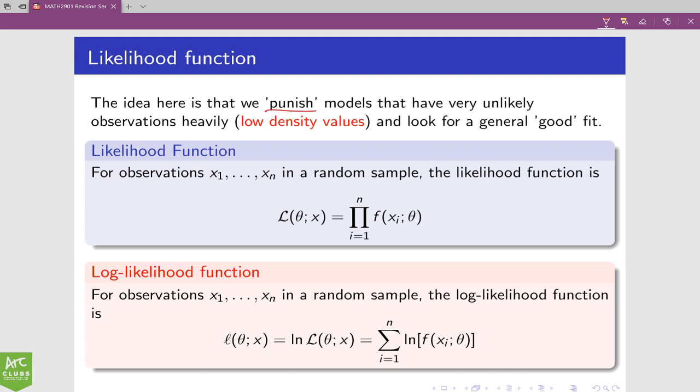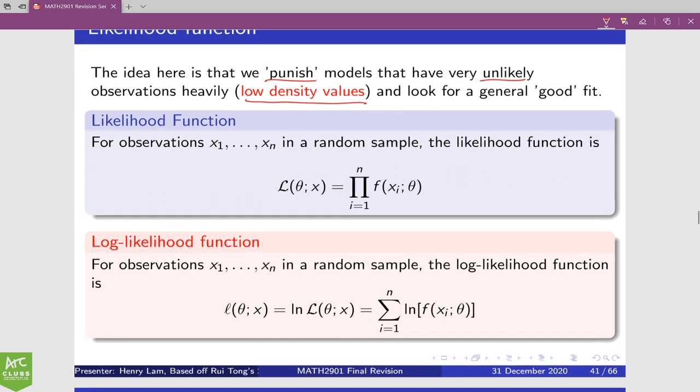And the punishment is if observations are very unlikely to happen, so they have low density values, right? So the PDF is very low at that point. Then that means we wouldn't really opt to go for that model, because it's really unlikely that you would have had that distribution based on your sample collection. Right? And the way we do this is by multiplication.